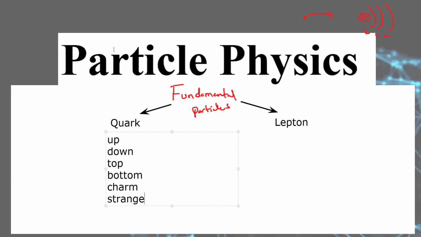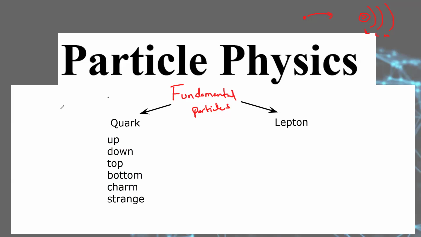These are the names of the particles, representing the family of the quark. It is very strange that a particle's name is strange. So we have different quarks: up, down, top, bottom, charm, and strange.